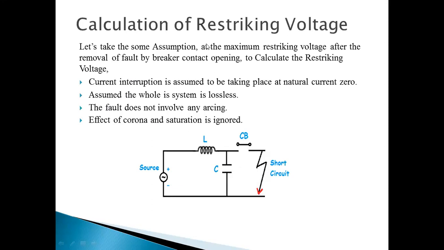So here we are considering one circuit. The source unit is there, inductance is there, capacitance is there, and here you are connecting one circuit breaker. Suppose you can consider a bus bar.